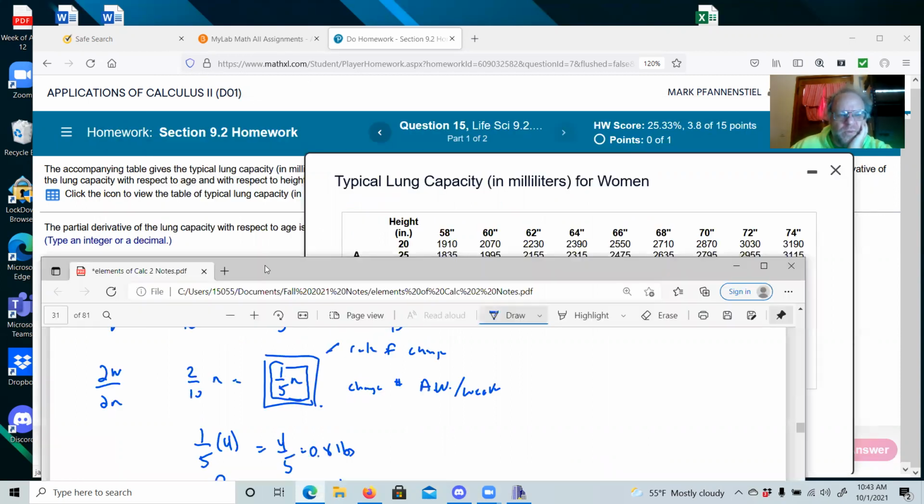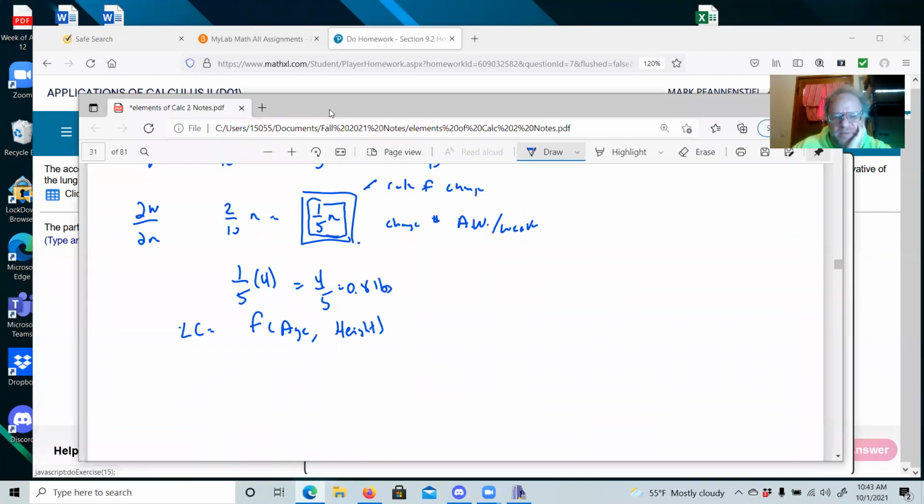They wanted to know the partial derivative of lung capacity with respect to age. So they want something like this, df by dA. So we're changing the age, we are not changing the height. So we have to look at a specific, constant height and see what the change is with age. How does the lung capacity change when we switch the ages a little bit?